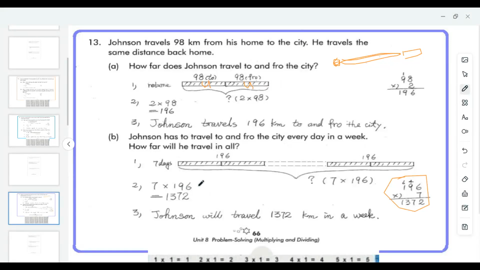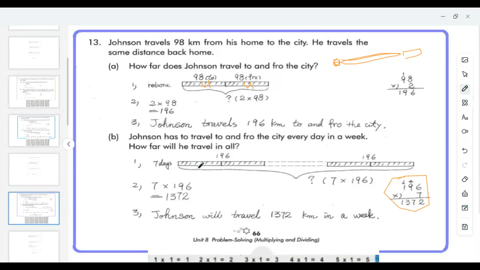Is that clear? First, we worked out how many kilometers he travels in 1 day. So twice 98. Second, we try to find out in 7 days, a week, right? 7 days, how many kilometers did he travel?